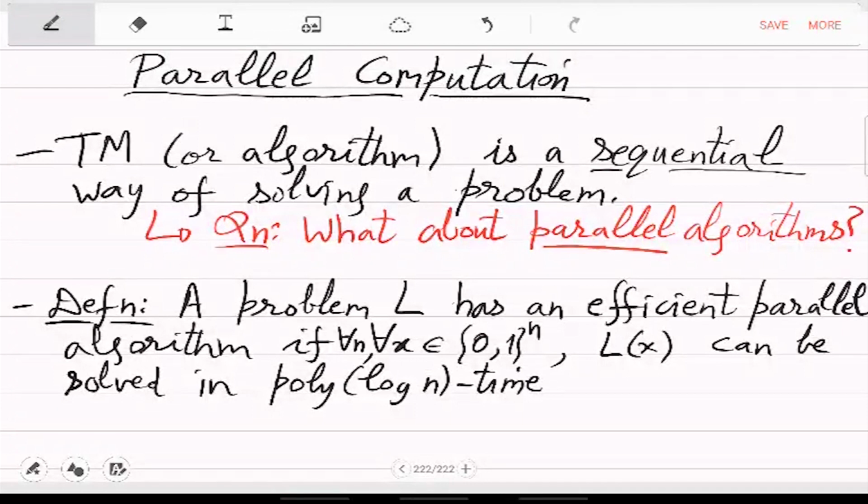On input of bit size n, you want to solve a problem in poly log n time, which means you cannot even see the whole input.